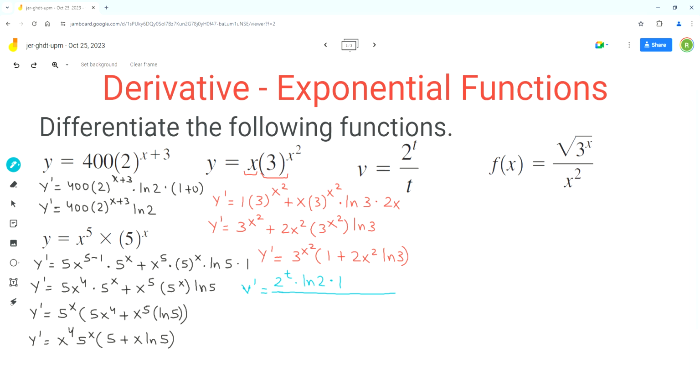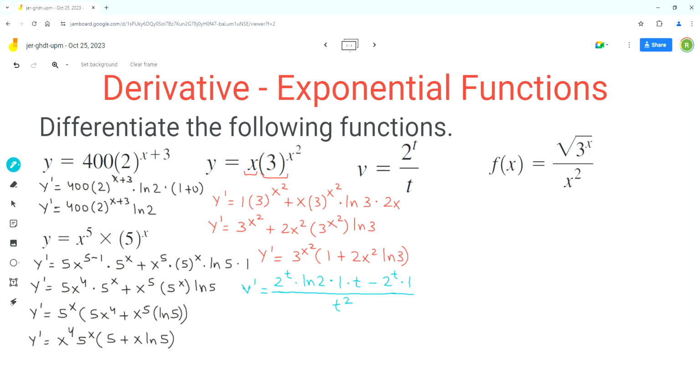times the denominator term, then minus the numerator term times the derivative of the denominator. So the derivative of the denominator t is 1 over the square of the denominator.